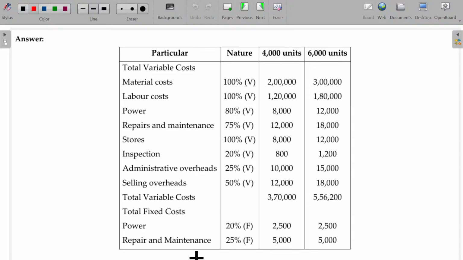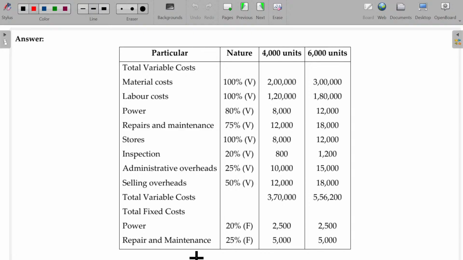Standard costing and marginal costing, budget and budgetary control. See, in Inter Group 2, I have shown chapters 13, 14, 15 carrying this much mark.